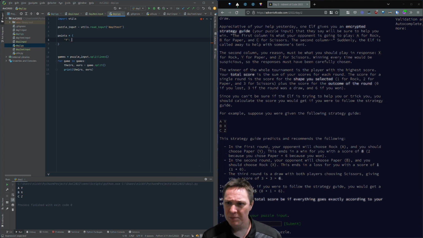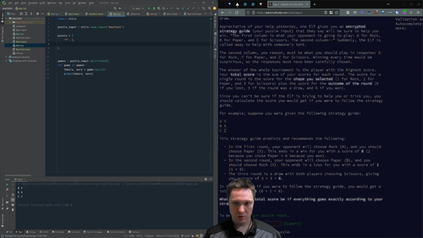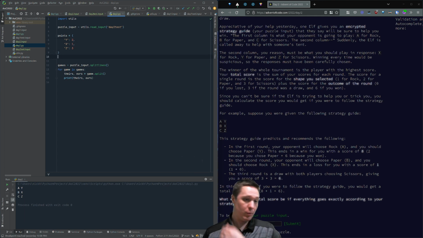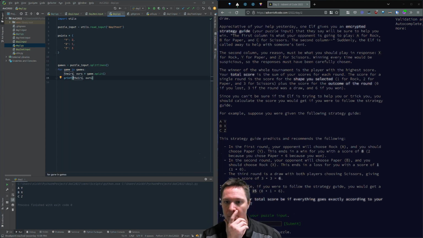So X is rock, Y is paper, so it's worth 2. X is worth 1. And Z is scissors, which is worth 3. So that's the amount of points for what we play. Let's think. And then they play A, B, or C. We get 6 points plus what we play.